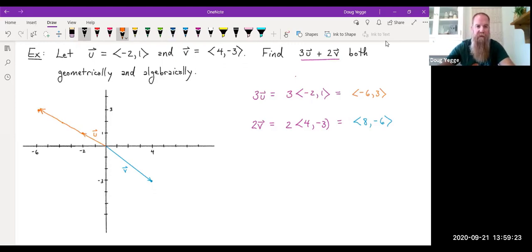And likewise, if you go to the other side, we see that the vector 8, -6 is going to have an x coordinate of 8 and a y coordinate of -6, which means that it's going to be right about here, which you should notice is exactly twice as long as vector v.